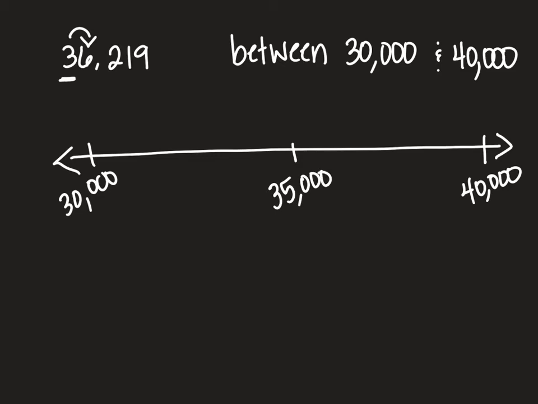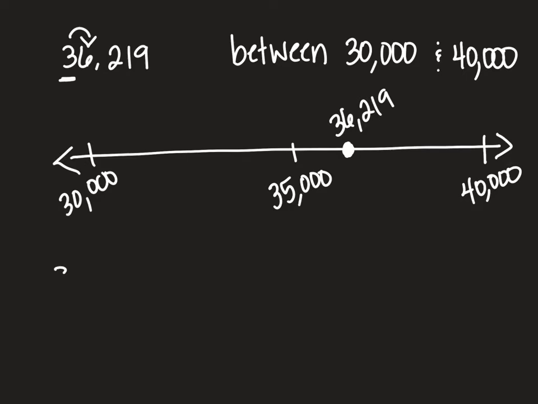Now my number is 36,219. So if I were to figure out where on the number line that would be, it's probably going to be about right there. What is that closest to? Is it closer to 30,000 or 40,000, Avery? 40,000.